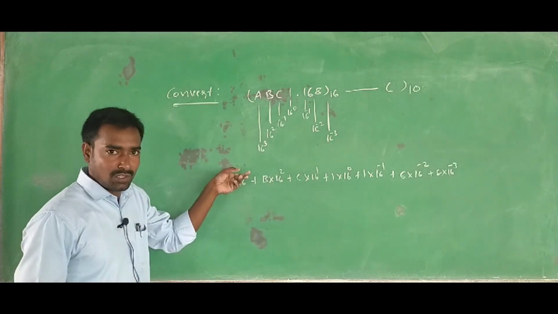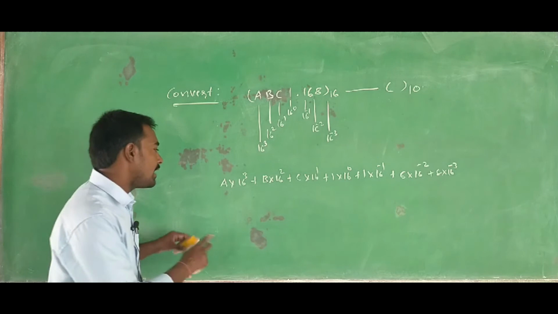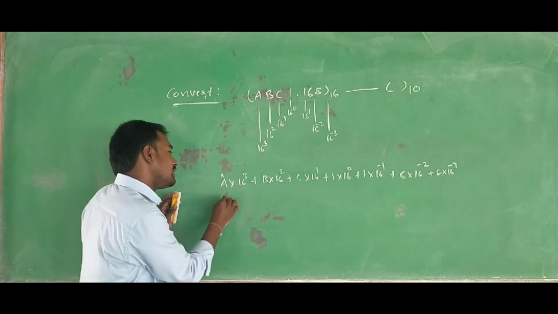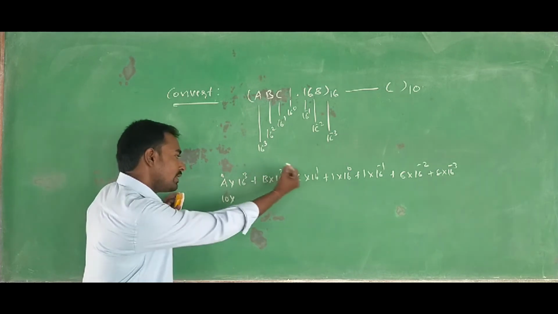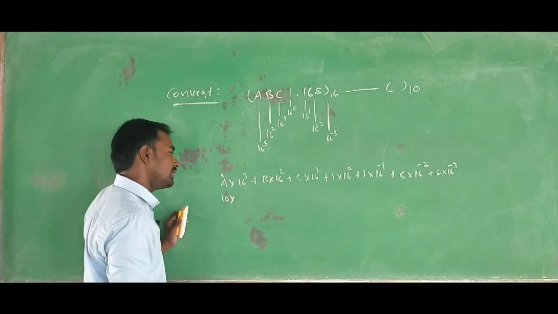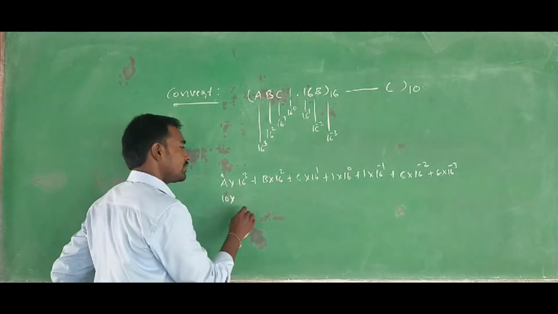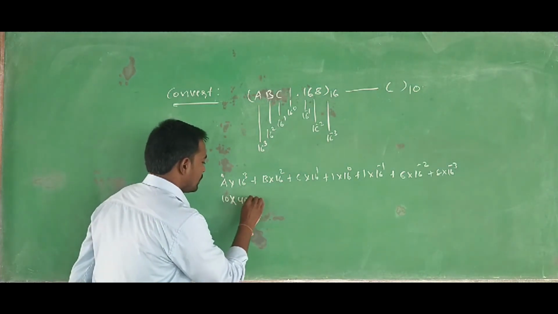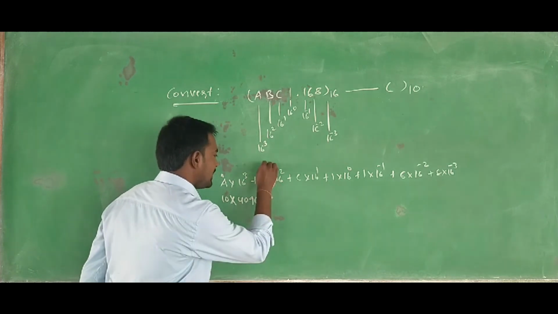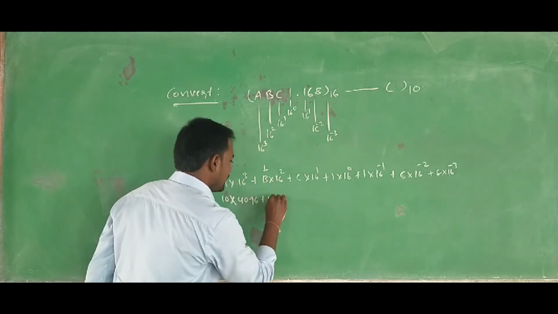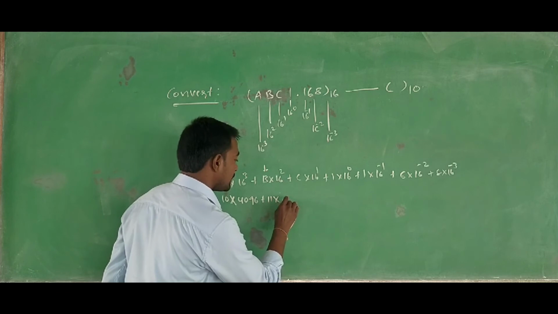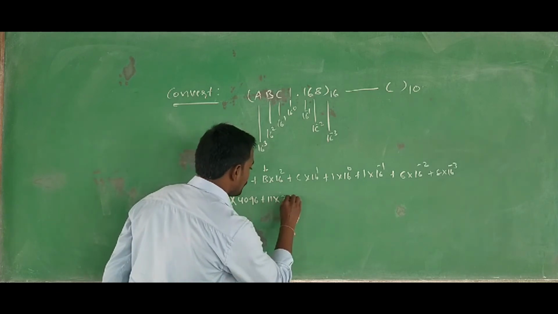Here A is equal to 10 into 16 to the power of 3, and 16 cube is equal to 4096. Plus B is equal to 11 into 16 square, and 16 square is equal to 256.